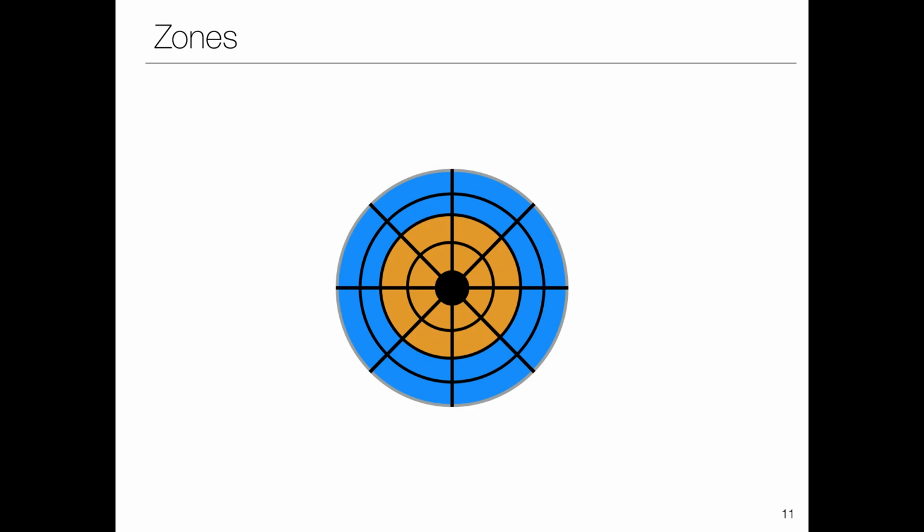Let's say they contain 3 or 4 tracks, or maybe some number. And for each of these zones, the number of sectors per track remains the same. So for the yellow or the orange one, or the skin color one, we'll have an equal number of sectors for both of these tracks, and similarly for the blue.